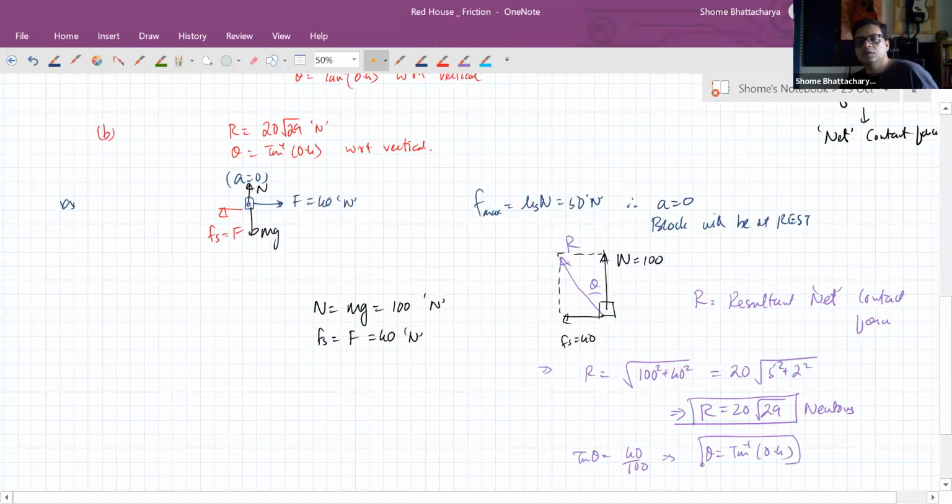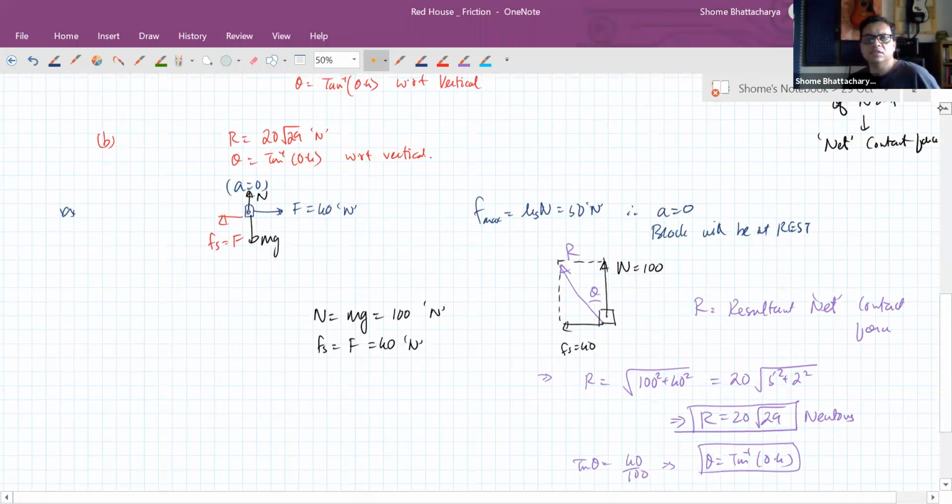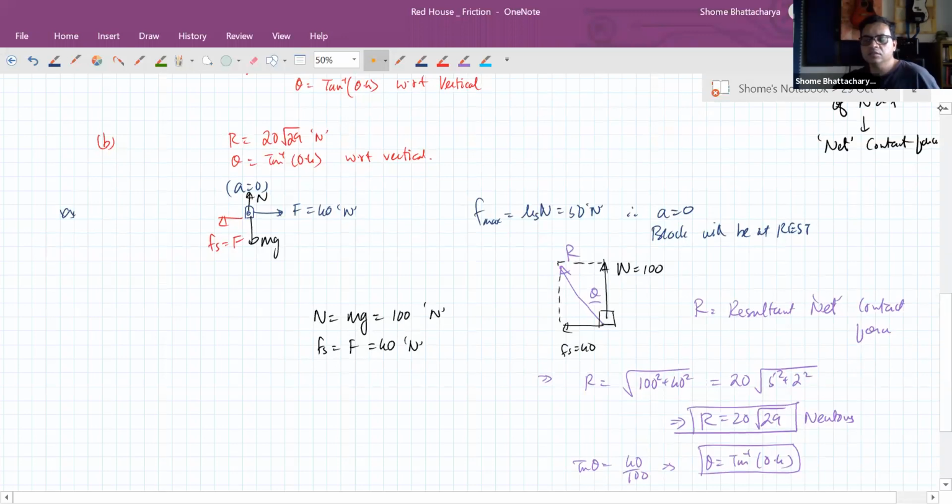Now in the second case, in the B case, the situation of the block will be slightly different. It will start sliding. But interestingly, just by chance, because the coefficient of kinetic friction is 0.4, the frictional force acting, though now it will be kinetic friction, will be 40 newtons only. So there's no difference in the forces. There's only a difference in the state of the block. It will start accelerating horizontally because we have bumped up the value of F to more than 50 newtons.